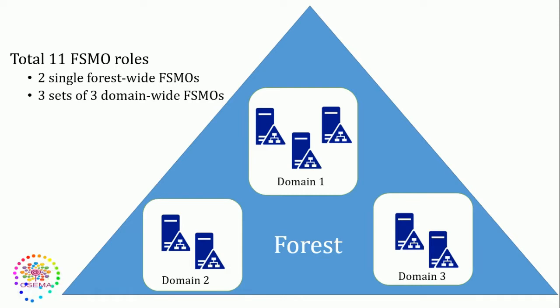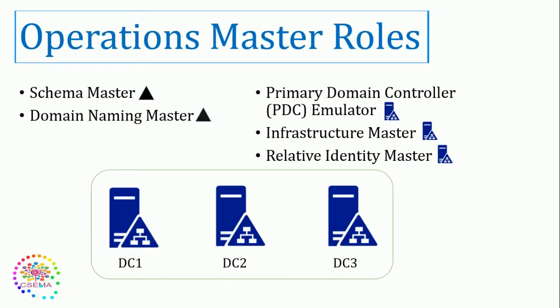So if we have three domains in a single forest, then there will be a total of 11 FSMO roles. Two roles will be forest-wide and three for each domain. So the total will be 11. So these are the operations masters or the FSMO roles that we are talking about. Let's take a look at them one by one.